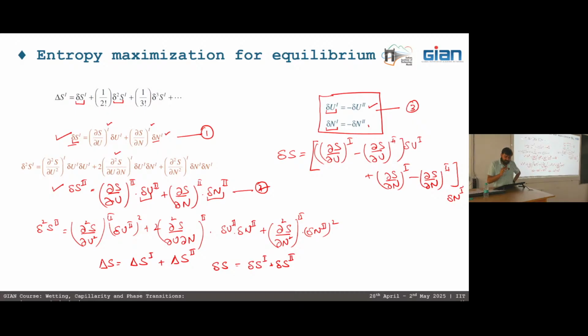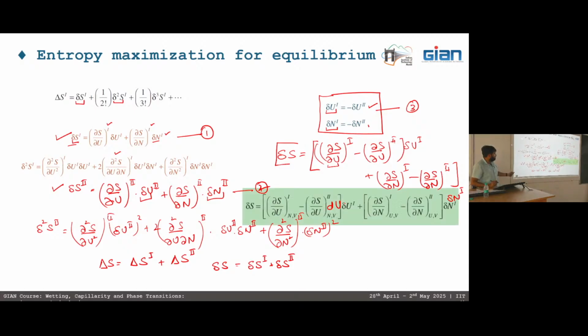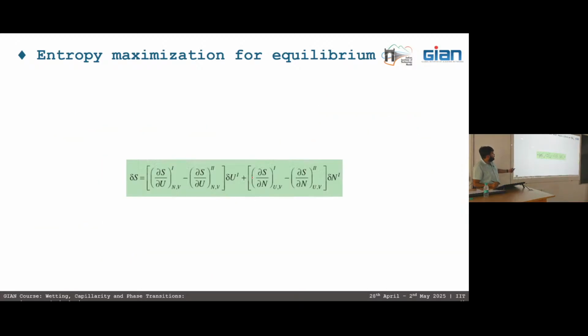Remember we are trying to evaluate the change in the entropy of the system. So we have to find these relations, del S by del u and del S by del n, and we can do that by using the equation dU is equal to TdS minus PdV plus mu dN.